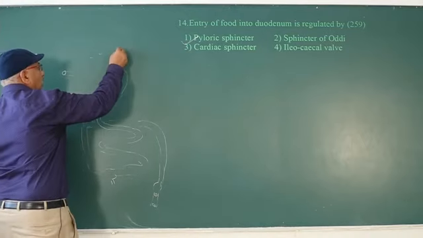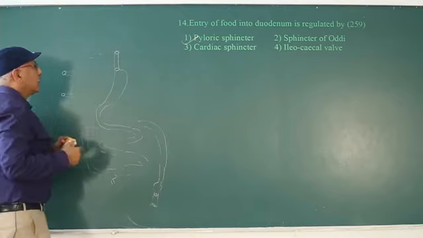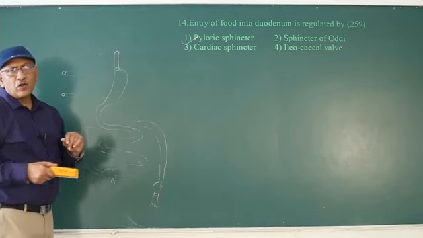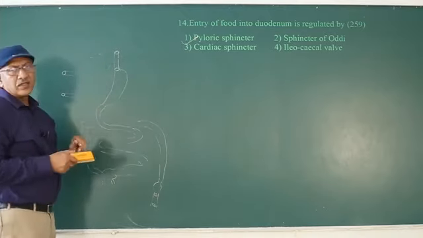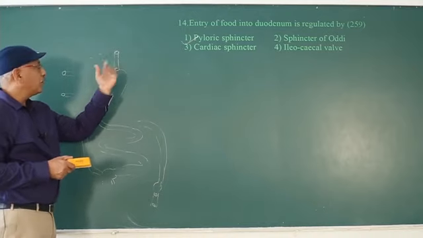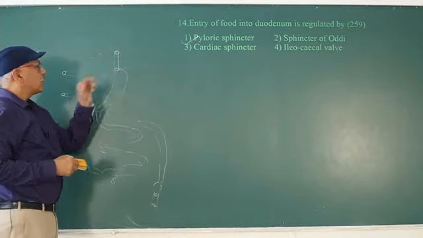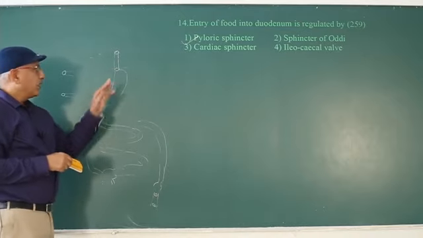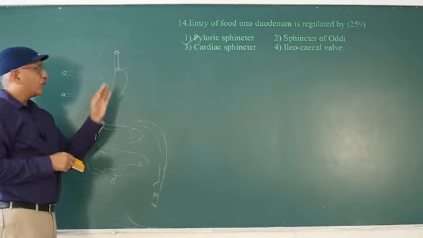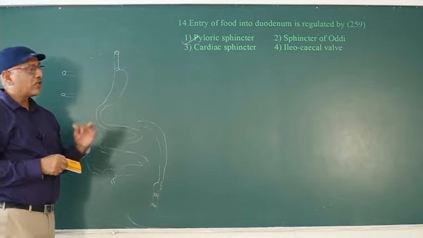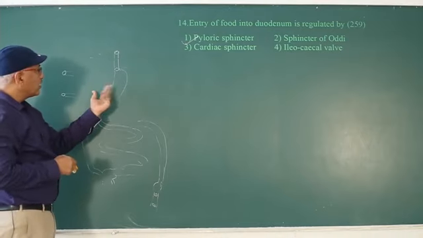The upper esophageal sphincter prevents the backward flow of food from the esophagus into the pharynx. The lower esophageal sphincter, also known as the cardiac sphincter, prevents the backward flow of food from the stomach into the esophagus. You already know the stomach is very large.